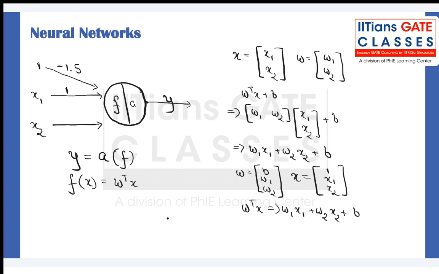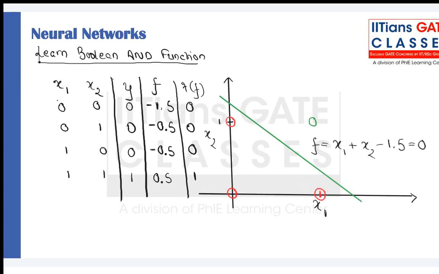So F is nothing but W transpose X. W is minus 1.5, 1, 1, and X is 1, X1, X2. If you take the dot product, you get minus 1.5 plus X1 plus X2. This is the same as what I wrote earlier, right? Nothing has changed. I'm not even teaching you neural networks, I'm just teaching notation. But all in all, you are learning neural networks only.